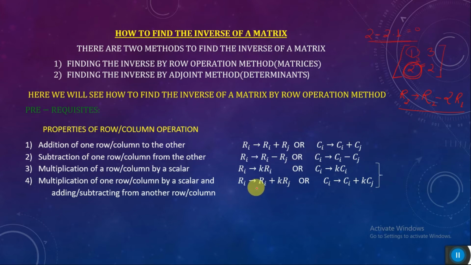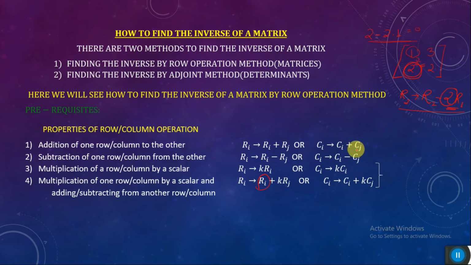And you can see here, multiplication of one row or column by a scalar. See, this row I multiplied with a scalar and added or subtracted. Here I did subtraction, here I have written plus. So if you want to get 5, then you need to do plus here. So like that, you can write plus also. I have written minus.